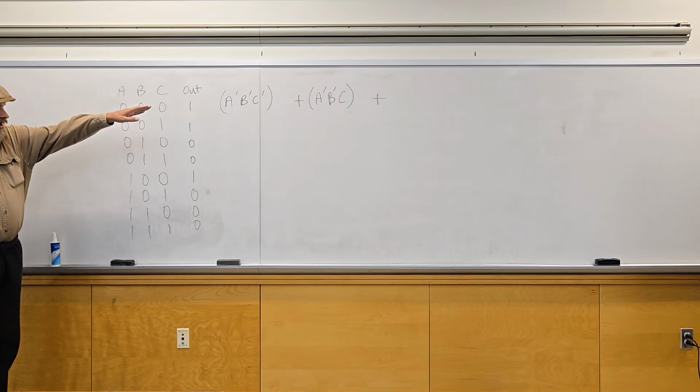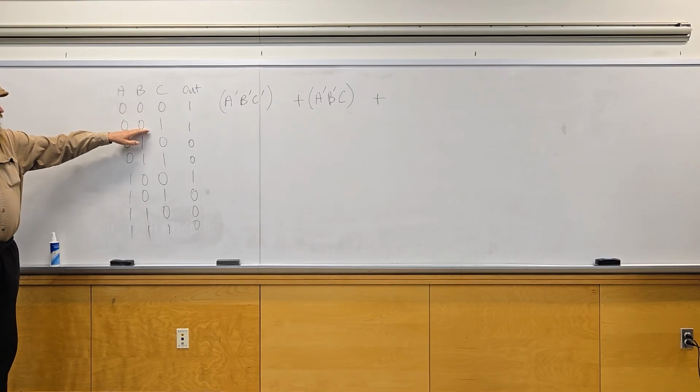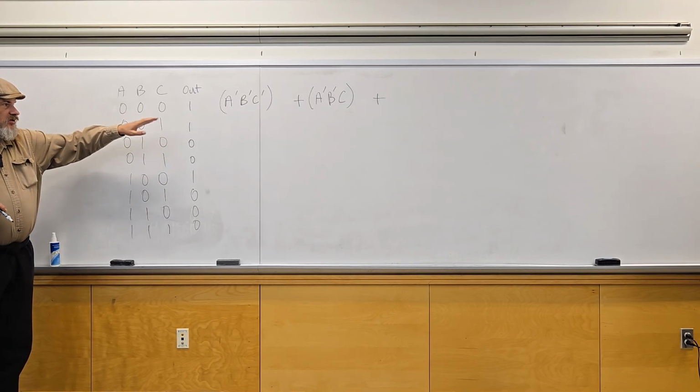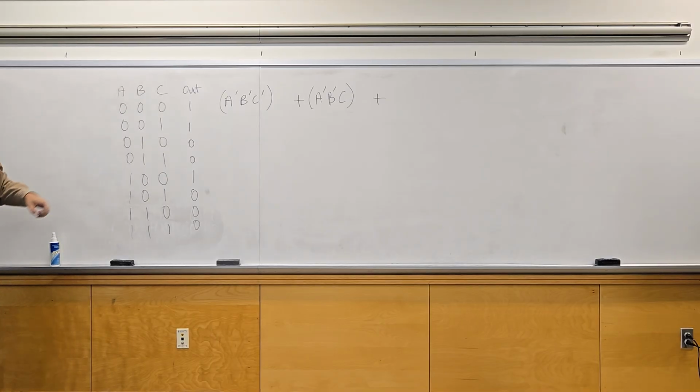B is 0, primed is 1. And C is 1. Don't make it prime, just leave it as a 1. And that gives you the AND expression.